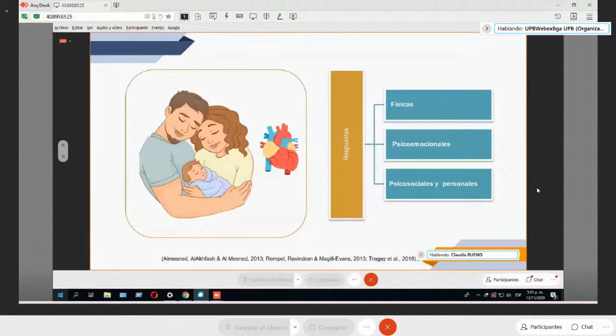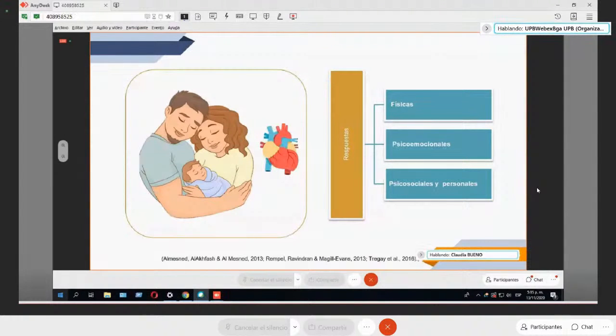And we have a response on the psychosocial and personal level, which in the negative case is related to the abandonment of day-to-day activities, neglect of healthy lifestyle habits, neglect of nutrition or leisure time, and neglect of self-care in general.